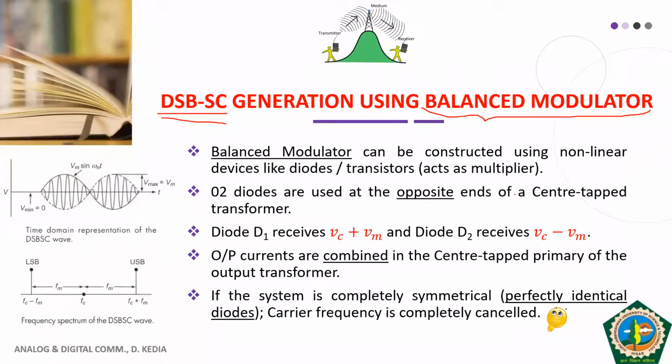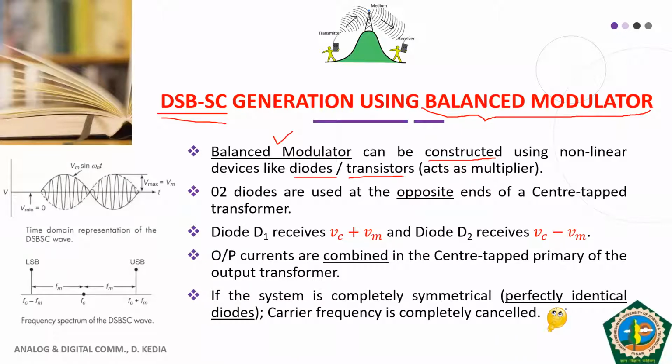A balanced modulator is a circuit which generates double sideband suppressed carrier. This balanced modulator circuit is constructed using diodes or transistors.